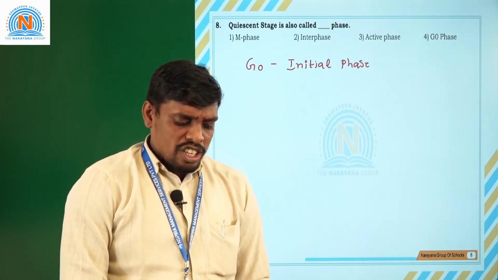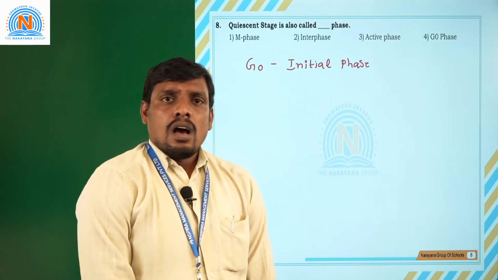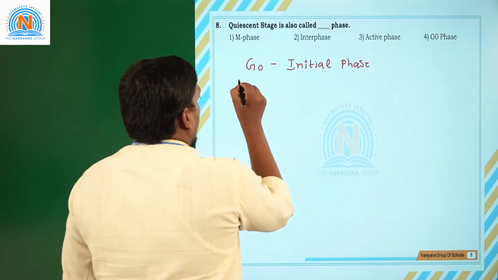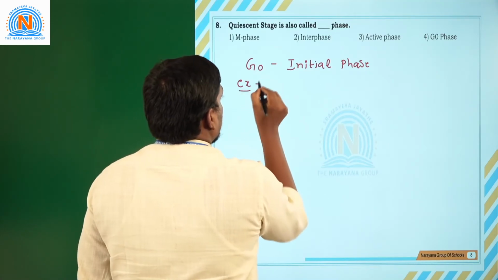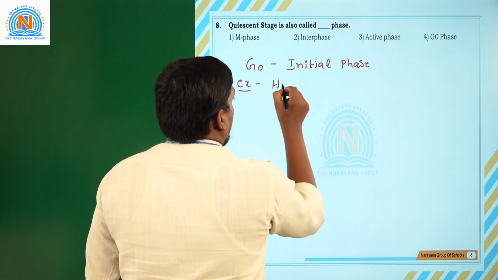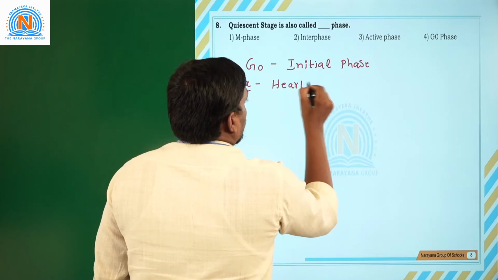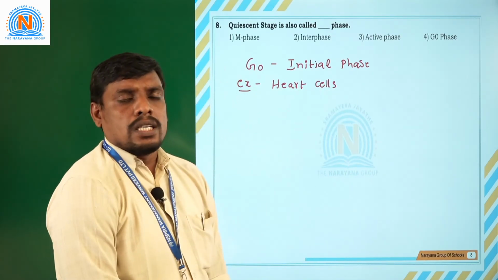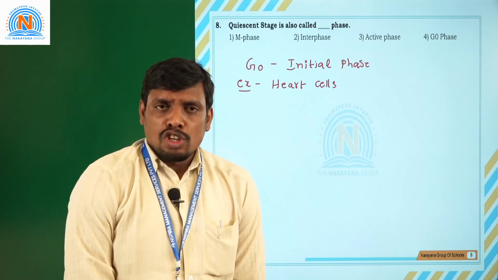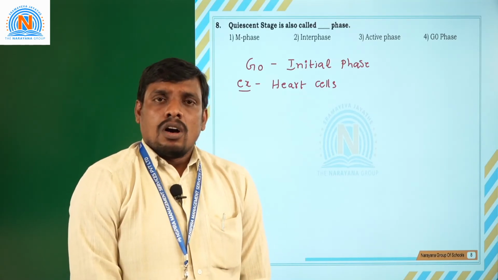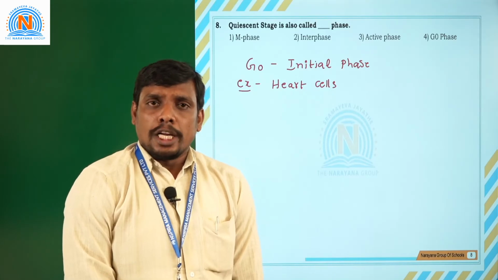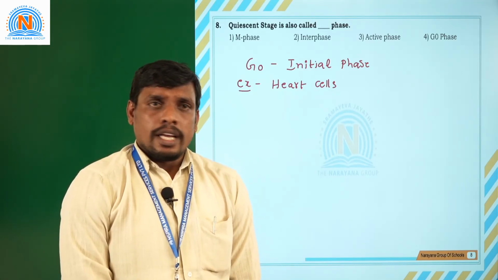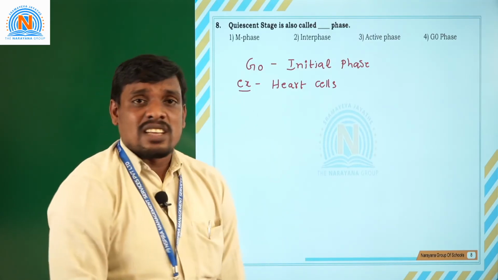During the quiescent stage, if we take heart cells, I want to take an example to explain G0 phase. Heart cells are generally developed, or new heart cells are formed, during G0 phase, in the quiescent stage.